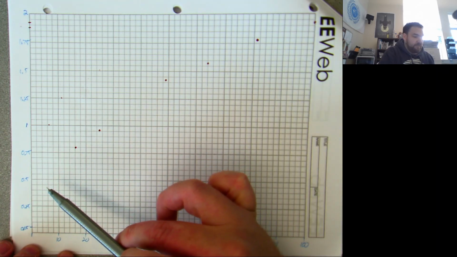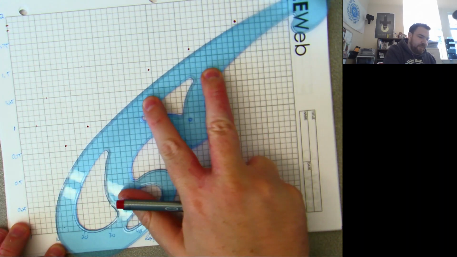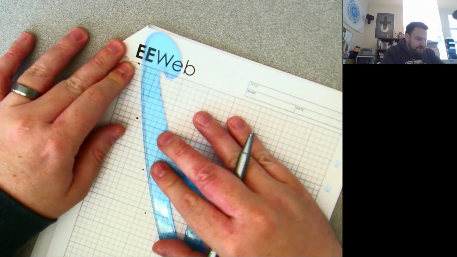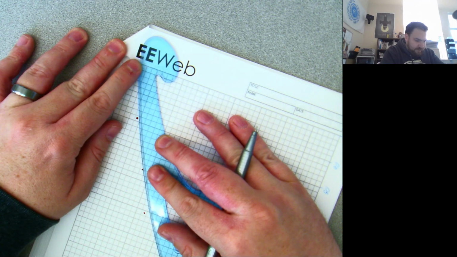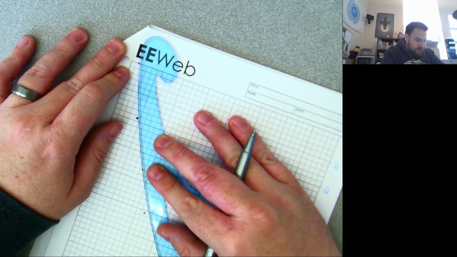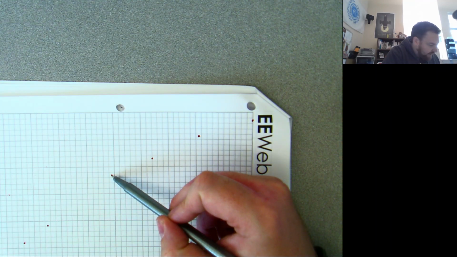So if I grab my French curve, now it's going to be the other way this time, I'm going to see what I can do with this. The staples do make it a little bit difficult. This one's weird. Did I screw up this piece? This one was 49 and it's too high.